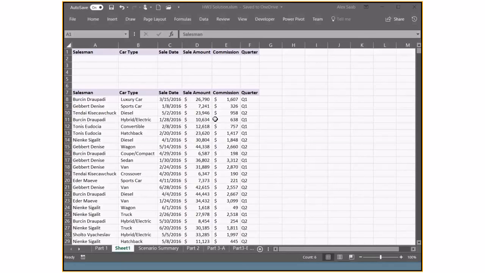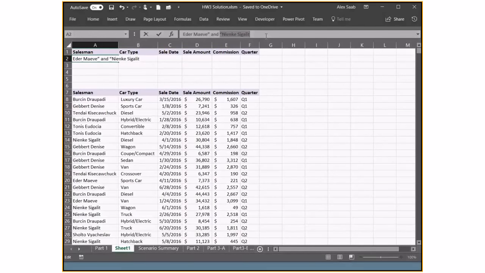So the first salesman has to be Eder and Enki and sports car. So this is how you put it. Can we put it in one cell only? No, you cannot. So you need sports car by the first salesman and sports car by the second salesman. That will meet the first condition.